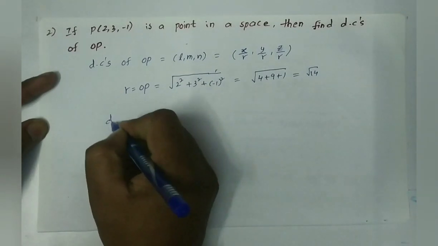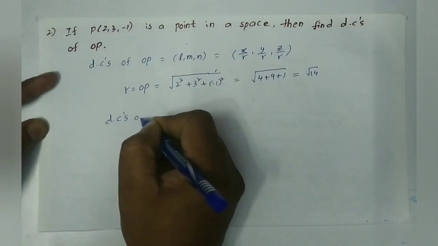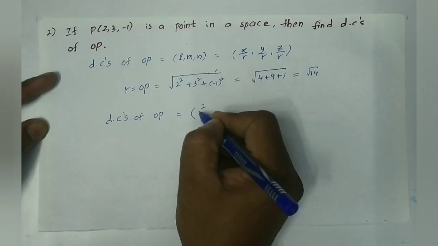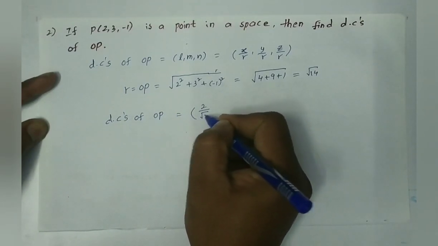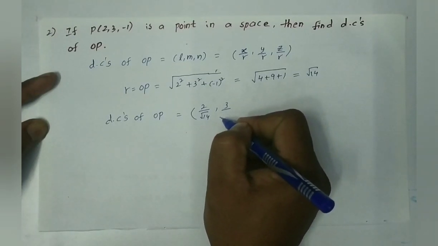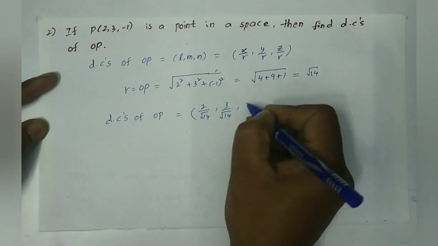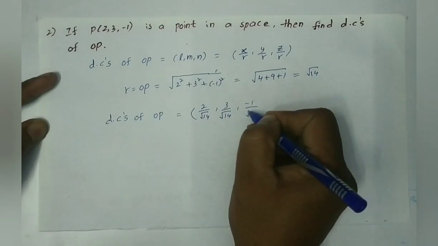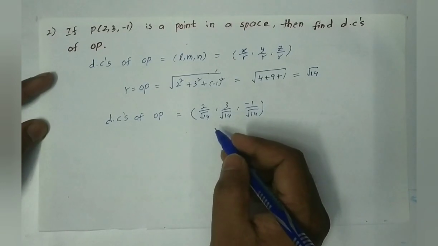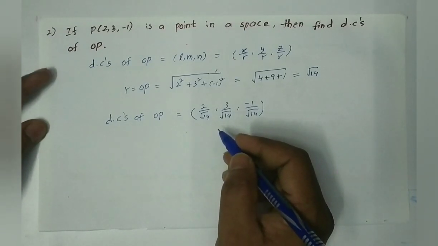Therefore the direction cosines of OP will be x, which is 2 divided by root 14, y, which is 3 divided by root 14, next z, which is minus 1 divided by root 14. So these are the direction cosines.